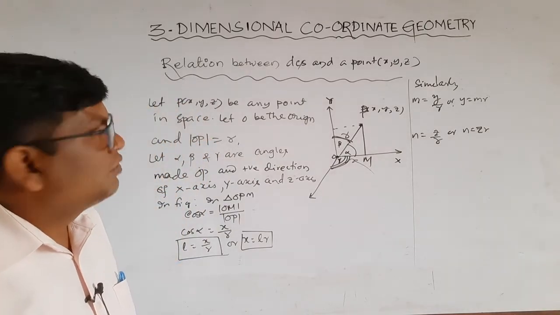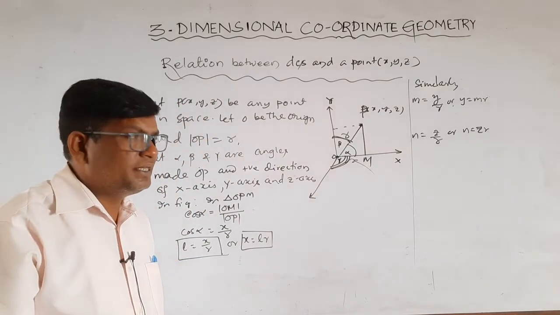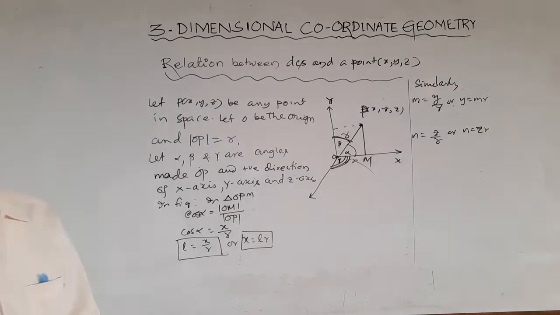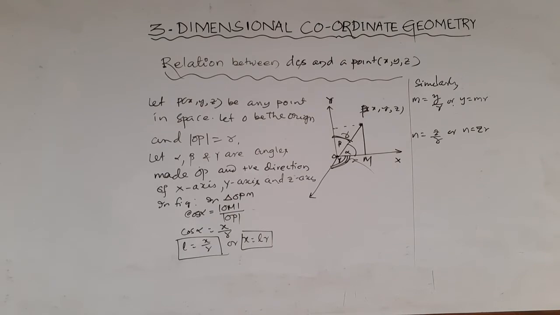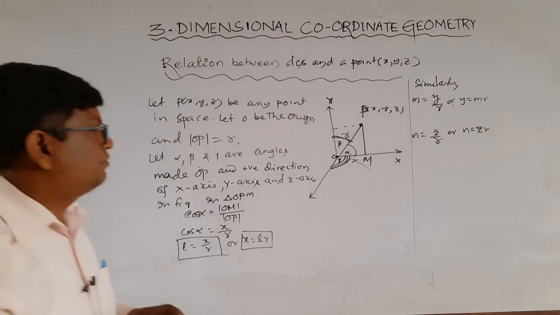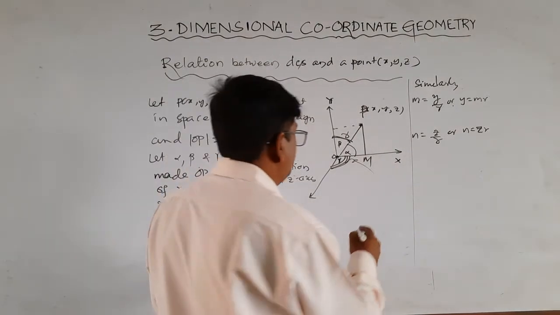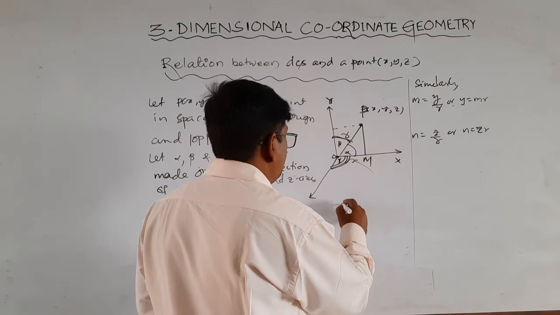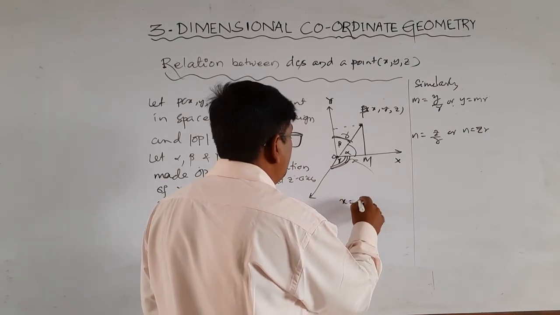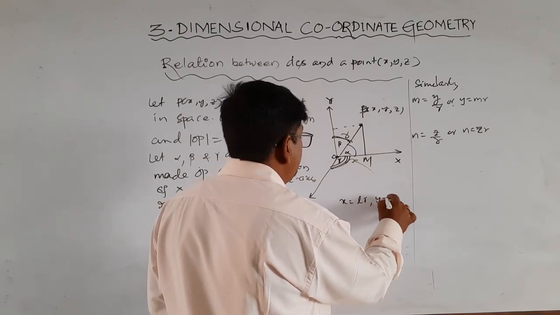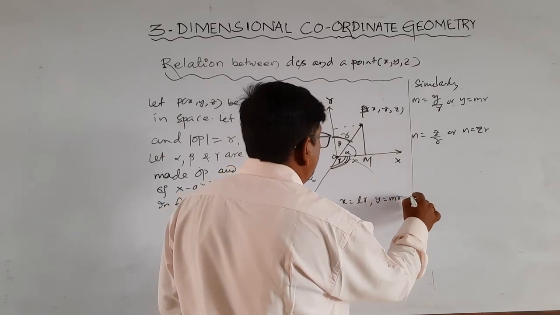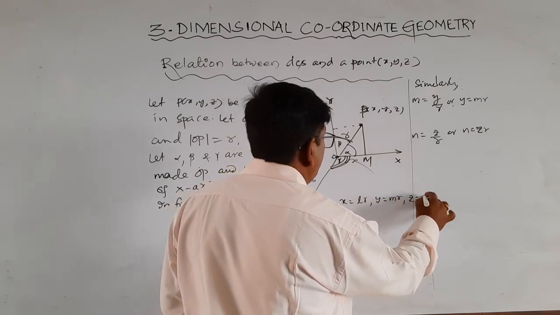Okay. Now one very important property related to DCS. Now this is the relation between DCS and a point: x is equal to LR, y is equal to MR and z is equal to NR.